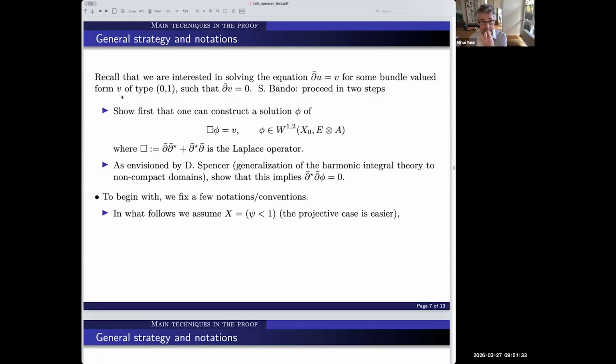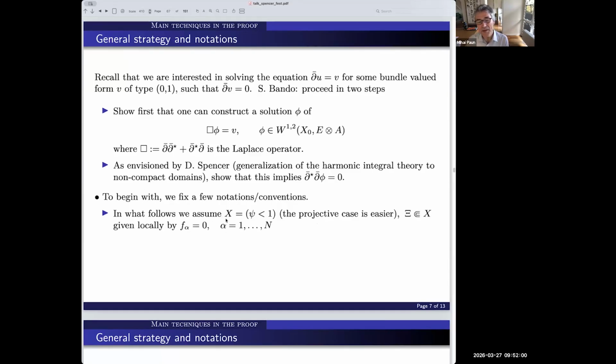So let's start with some conventions. First of all, even if I said at the beginning that X can be projective, what I will explain next is the case where X is given by the sublevel set of some strongly plurisubharmonic exhaustion of the manifold M. One reason is that the projective case is easier, and I hate these kinds of things.